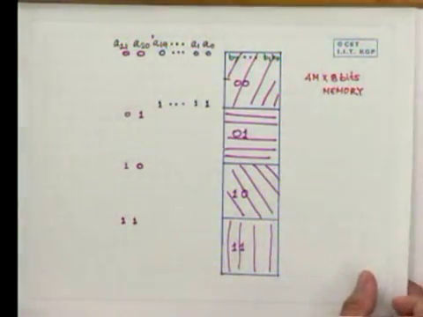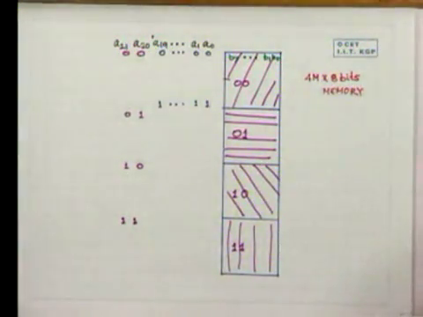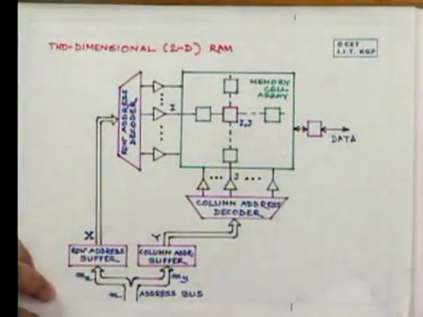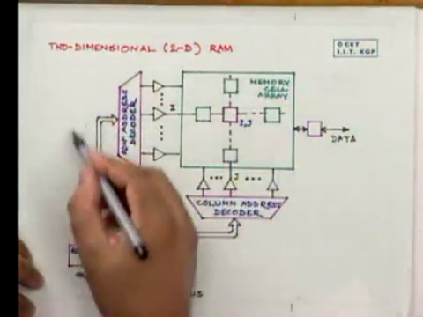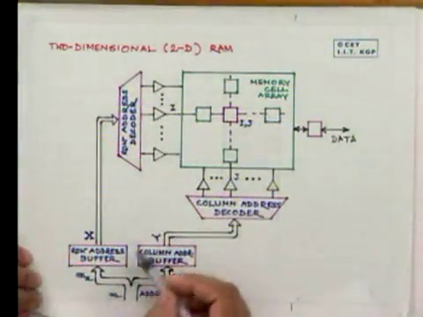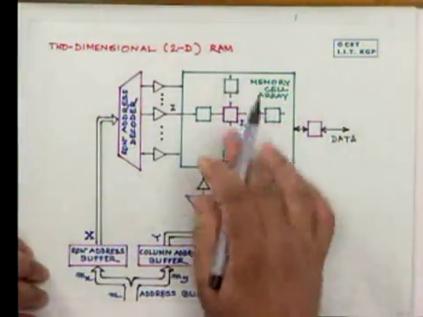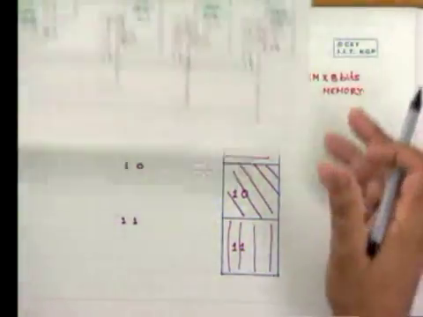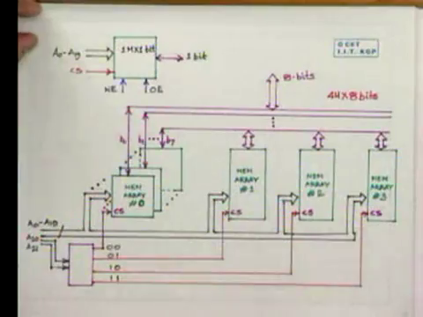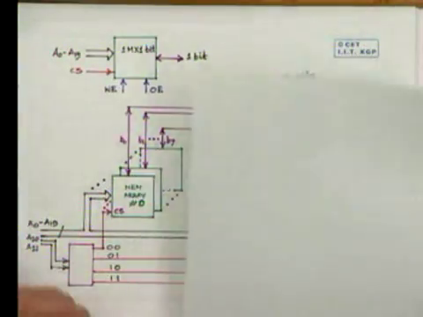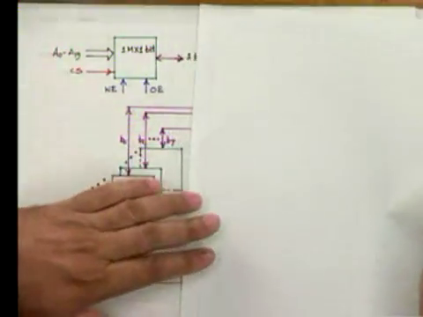Now let us see how we can have this organization from a memory chip of this nature, which gives 1 megabit of memory. Let us see this portion first.